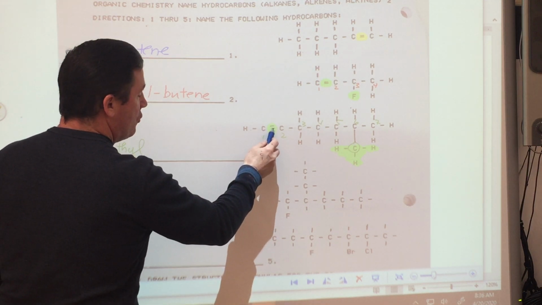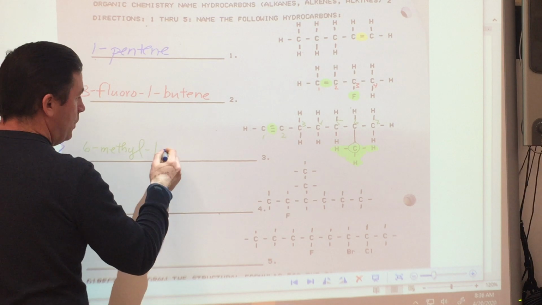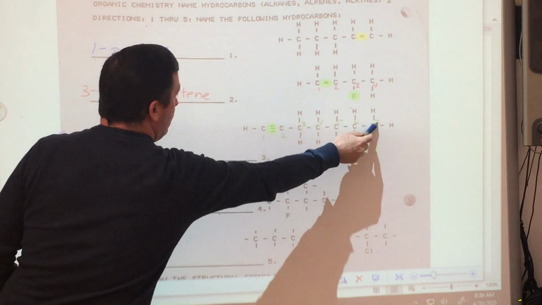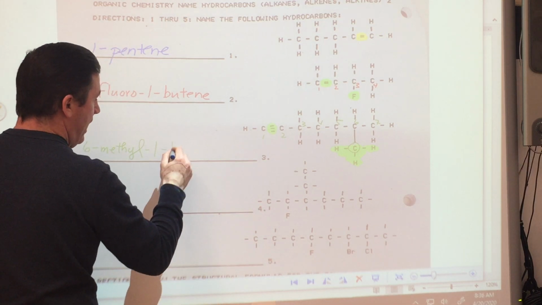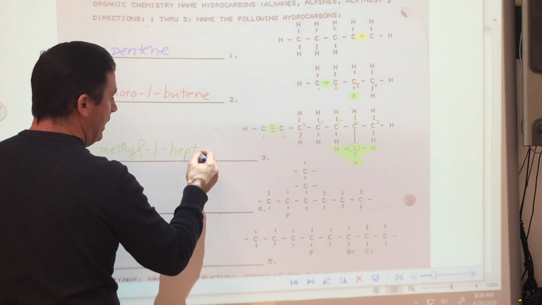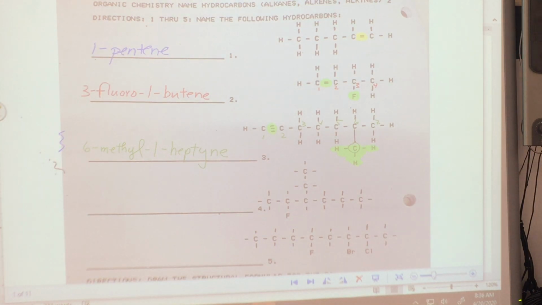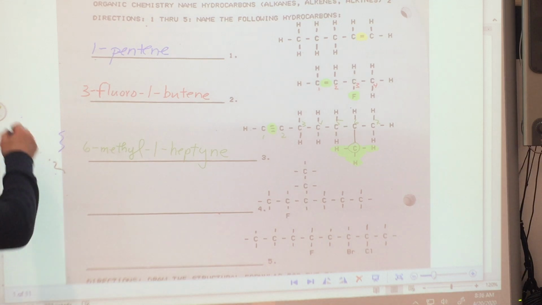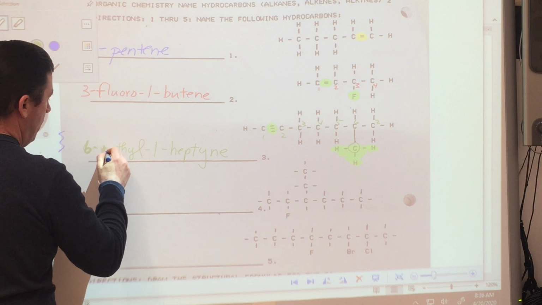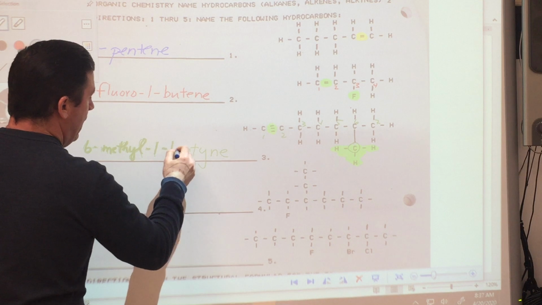And then I've got a triple bond here on carbon number 1. So that's 1. I've got 7 for my total. So that's hept. And since it's a triple bond, my ending is going to be -yne. 6-methyl-1-heptyne. 6-methyl-1-heptyne.